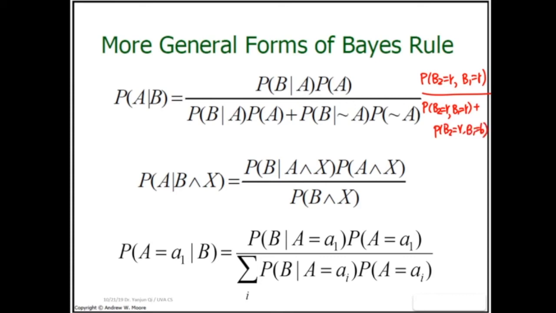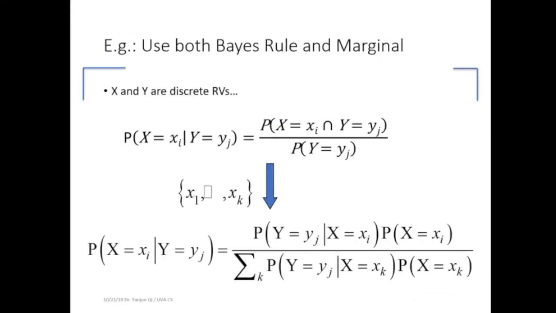So this is exactly using this. And you can have even more complicated cases if there are so many possible choices in the first, the one you condition on.